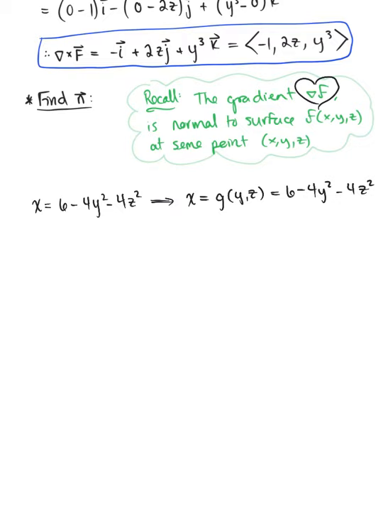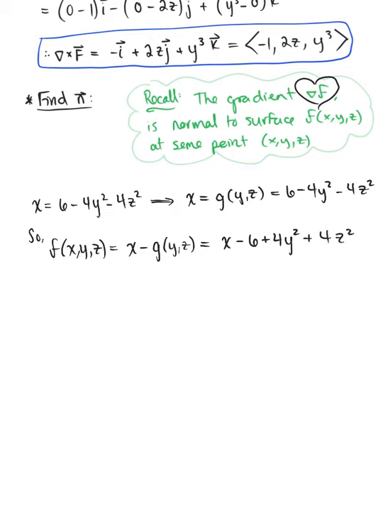So we can say that an implicitly defined surface f of x, y, z is equal to x minus g of y, z. So this would be equal to x minus 6 plus 4y squared plus 4z squared.